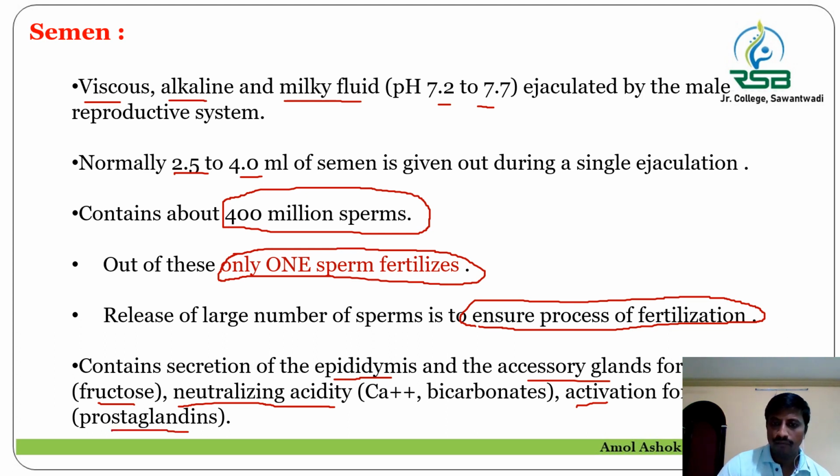So in all ways, this secretion, the semen, helps as it contains a variety of secretions. So the semen is the important part which plays a significant role at the time of fertilization.